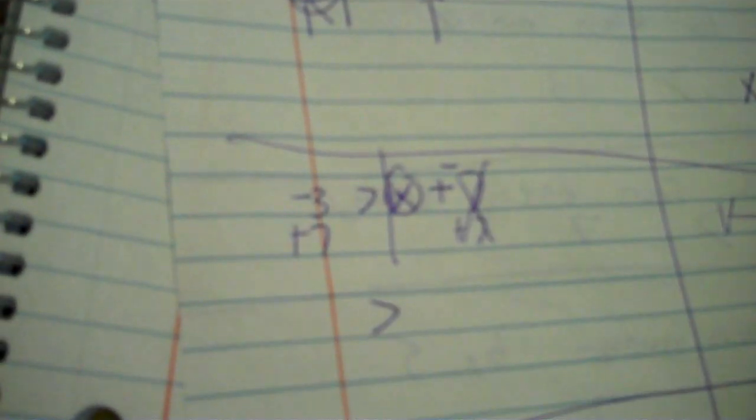Okay, next one. Negative 3 greater than X minus 7. Okay, wall can go up. The multiplier is a 1, but it's a positive 1, so that symbol will stay the same. Outside, you have a negative 7, so you need to plus 7. And then go plus 7 to your negative 3. So you line up the symbol. I got my 1 times X over here. On the other side, negative 3 plus 7 is 4.